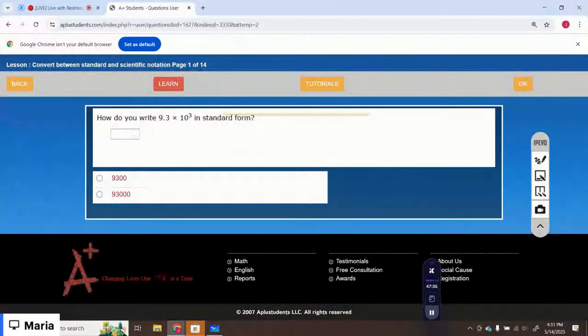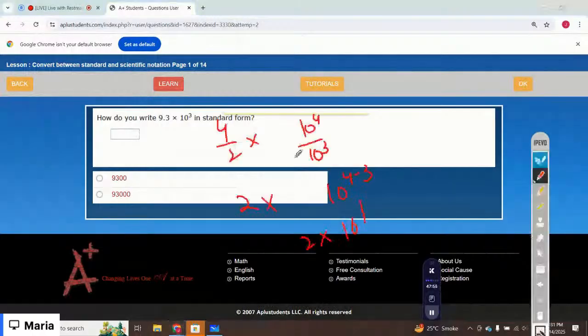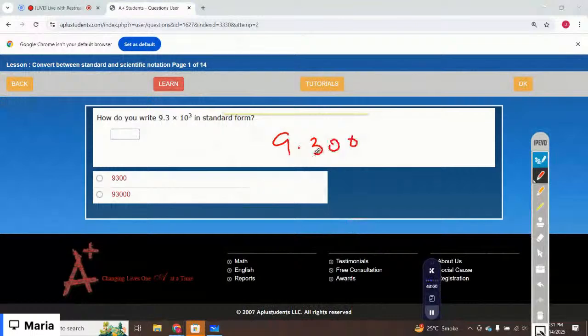How do you write 9.3 times 10 exponent 3 in standard form? The exponent of 10 is 3. That means we need to move the decimal point 3 places right: 1, 2, 3. Move the decimal point because the exponent of 10 is 3.